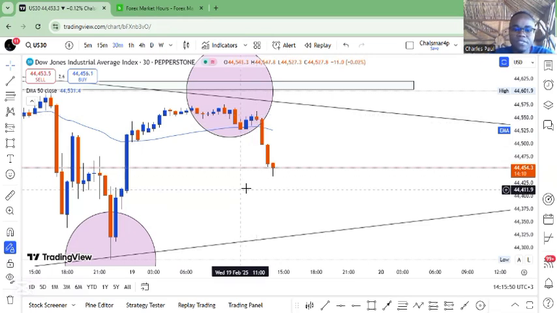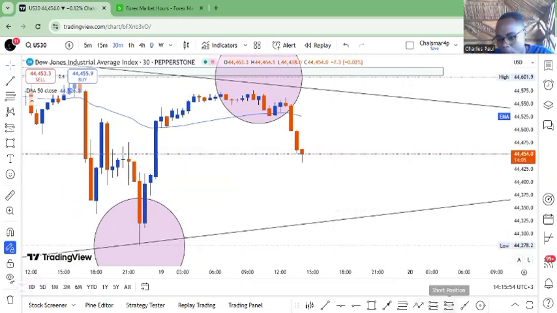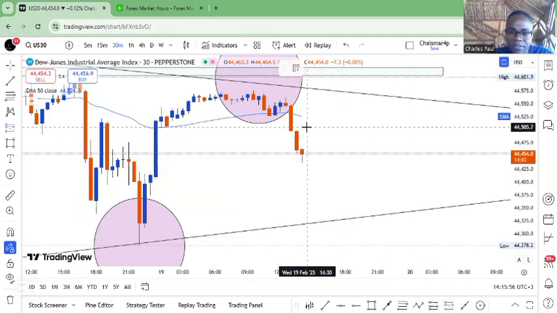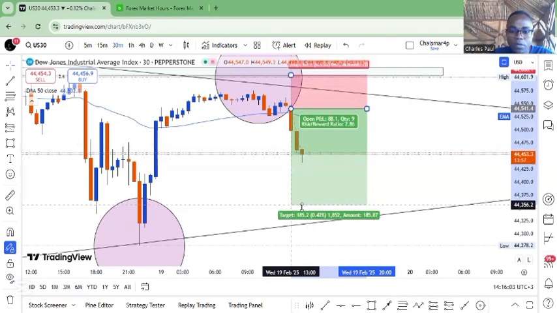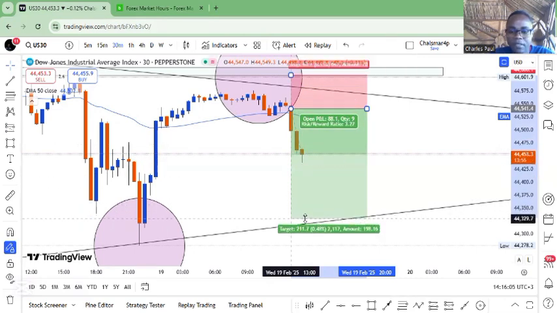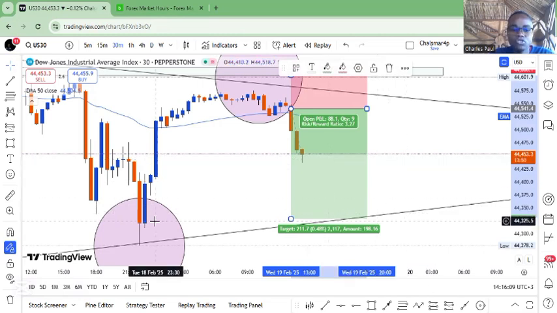And up to this time, I'm still holding this trade of US30. I took this trade over here, and I will keep holding it. My target level will be here at this trend, but also at this zone.